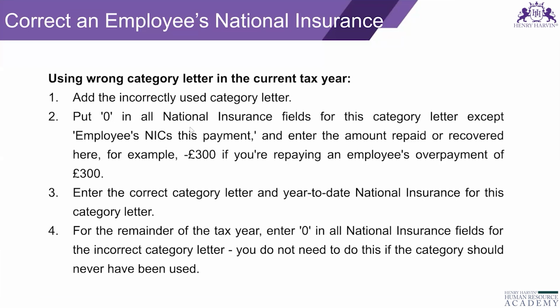For the remainder of the tax year, enter zero in all National Insurance fields for the incorrect category letter. You do not need to do this if the category should never have been used.